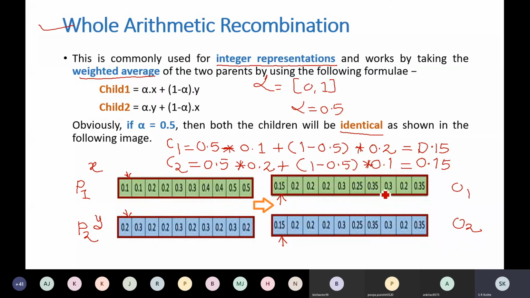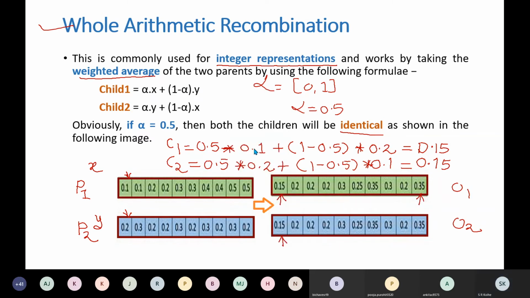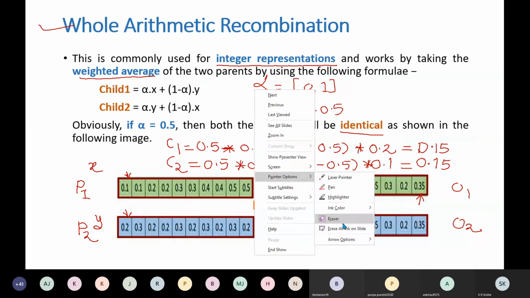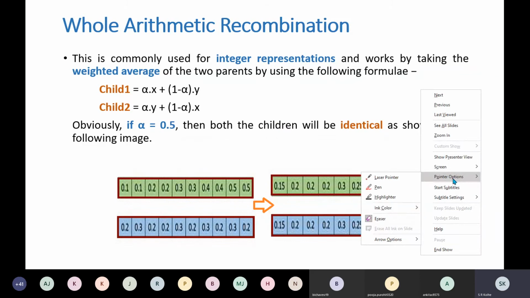Then you tell me how this value would have been calculated. I remove all this. Find out the last value.